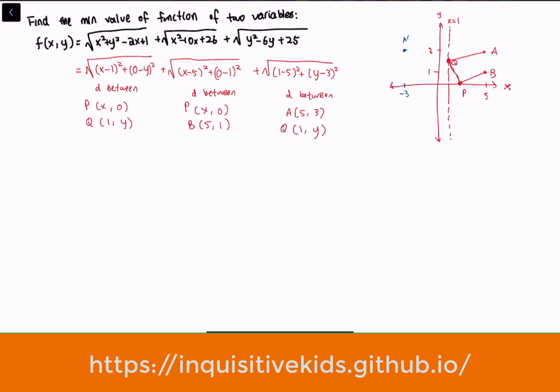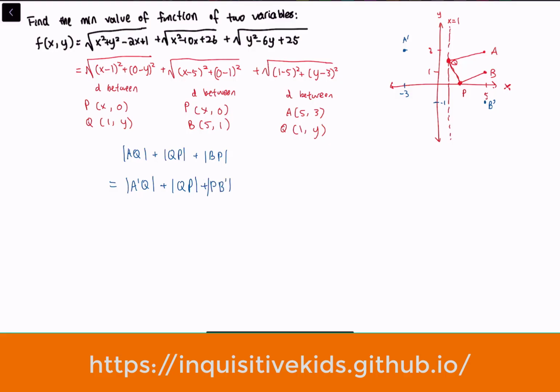We can also reflect B over the x-axis, and its coordinates would be (5, -1). Originally, we were trying to find the distance between AQ plus QP plus BP. But now, all we're trying to find is the distance between A prime Q plus QP plus PB prime.